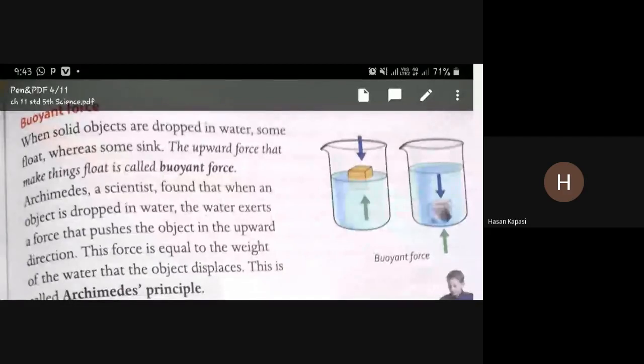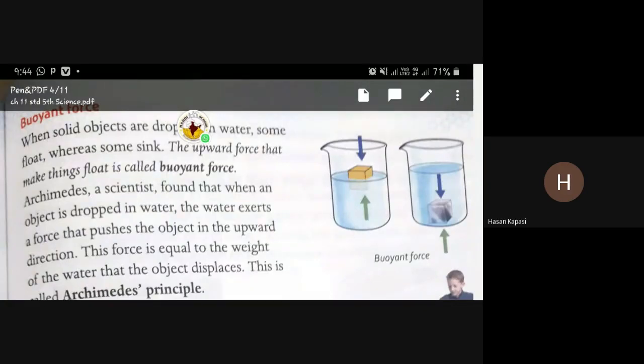Sorry, my mistake, I made a small mistake in speaking. When the force is more and the object is light, it will float because of more force.